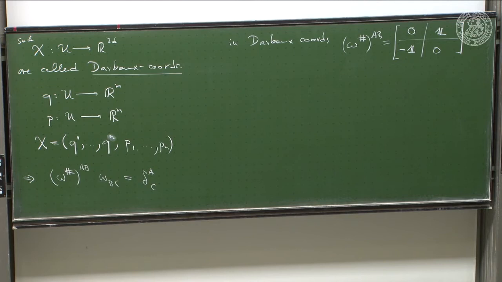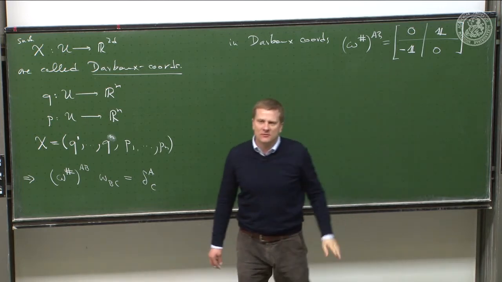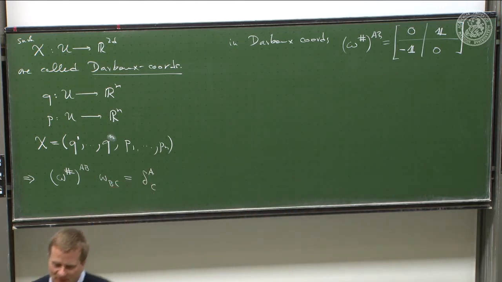Okay, so that's quite useful to keep in mind, because that's exactly the minus sign from the Hamilton equations. Well, I didn't tell you that yet. Well, I did, but forget about it for a moment again.